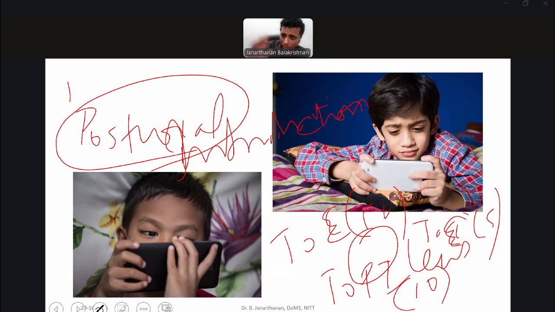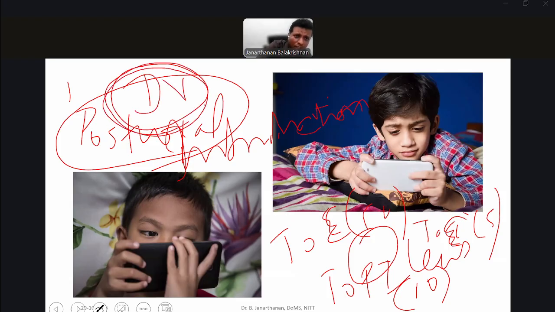Apart from it, another crucial thing is your DV, your dependent variable. What is your DV here? That also makes it very simple. For example, my problem is children viewing a mobile phone. If that is the DV, then what are the antecedents of children viewing the mobile phone lying down in the bed?